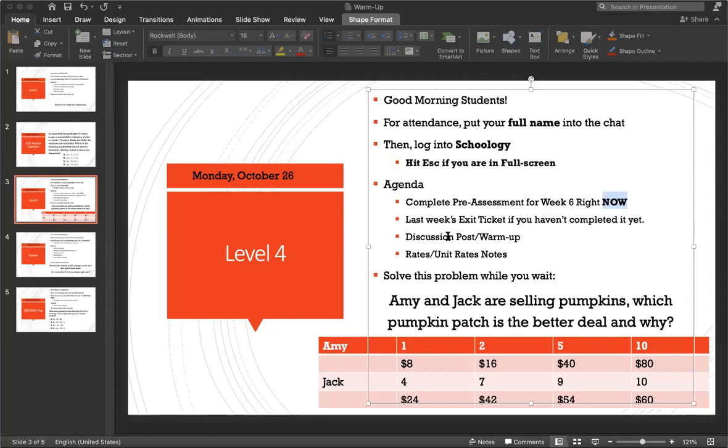After percents, there are no more rational numbers to work with. So let's go ahead and get started.